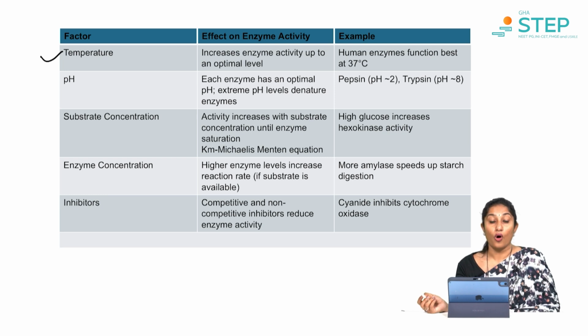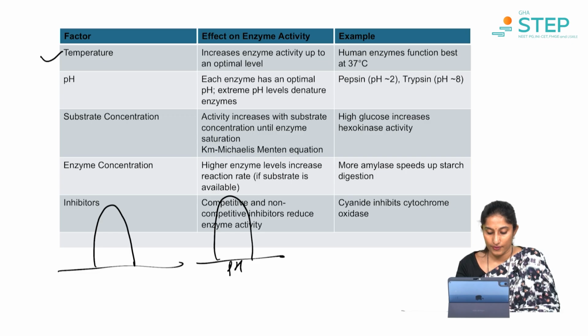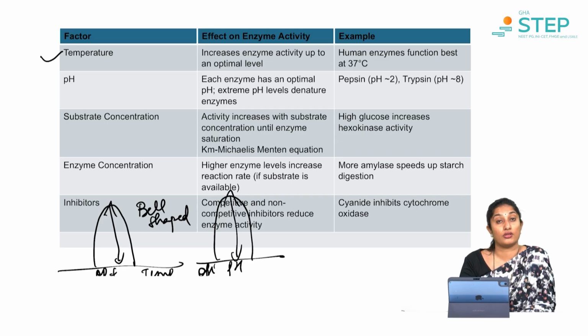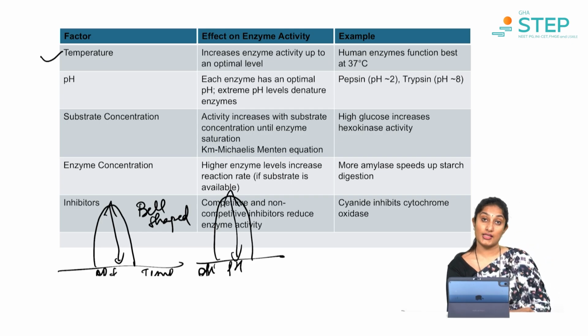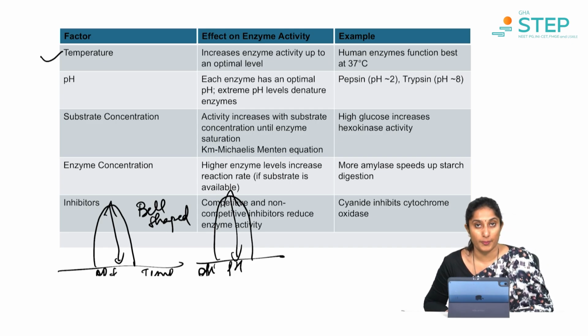So, let us just reflect on the other factors. Temperature also will show a graph like this. pH and temperature both have a similar graph which is called a bell-shaped curve. So, this is the optimum temperature, this is the optimum pH. The temperature at which the enzyme shows maximum of its activity is called the optimum temperature.